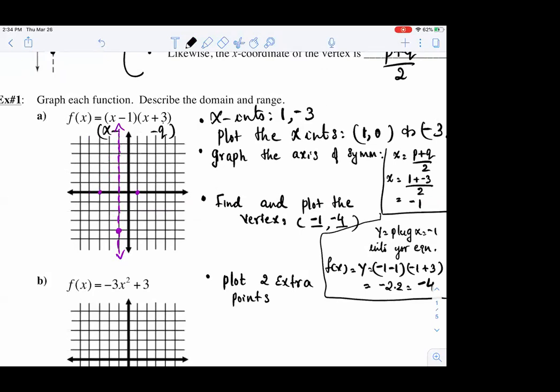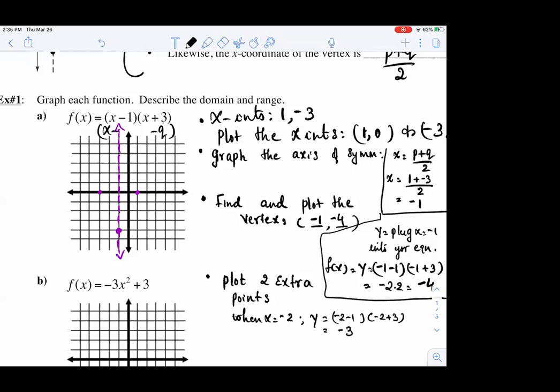What is an easy point that you think? -2. Okay, so let's say when x is equal to -2, go ahead and find the y value, everyone. You just have to plug it into the function. So (-2 - 1)(-2 + 3), which is -3 times 1, which is -3. Correct.